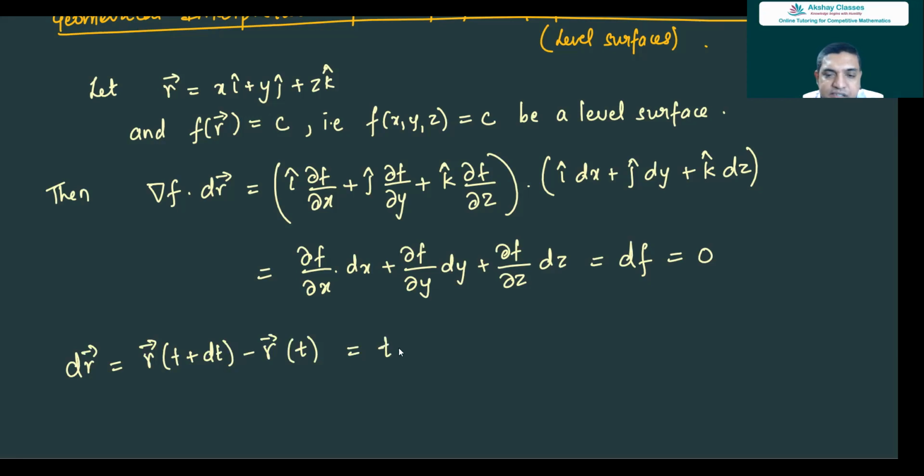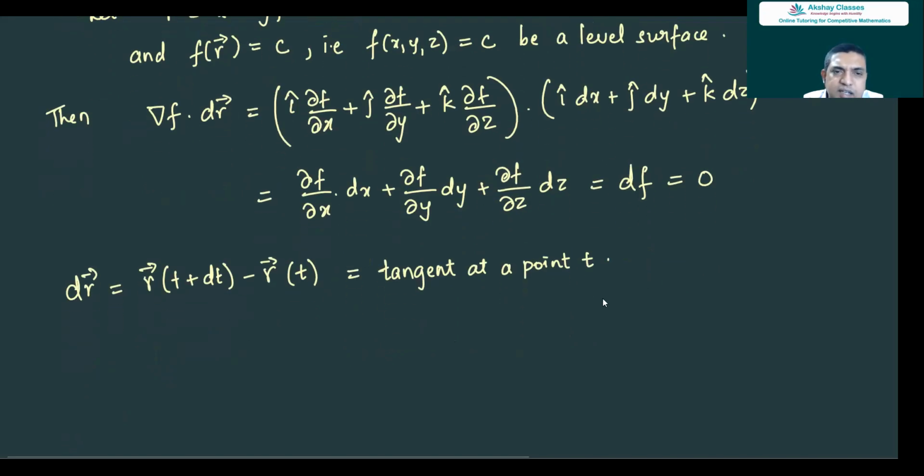This is a tangent at a point t. In terms of x, y, z, this is the tangent at a point x, y, z on the curve, on this level surface.